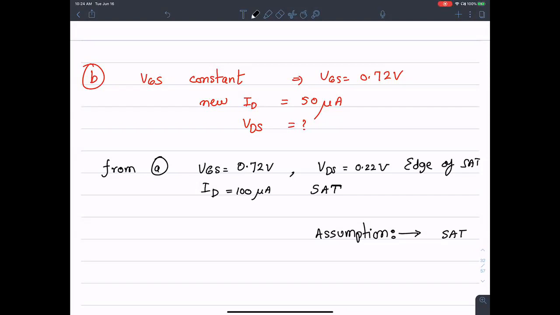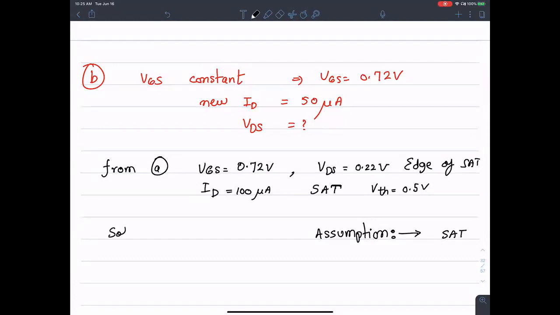VTH is 0.5 volts. That's not going to change in this class.